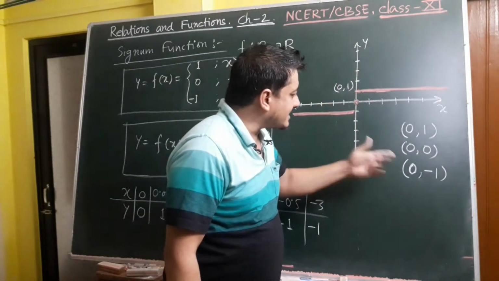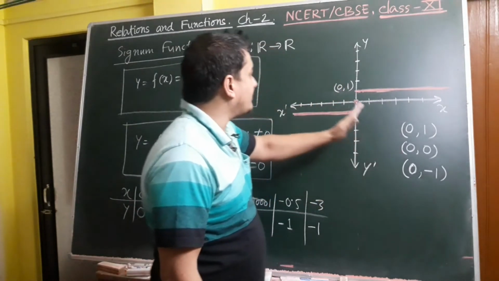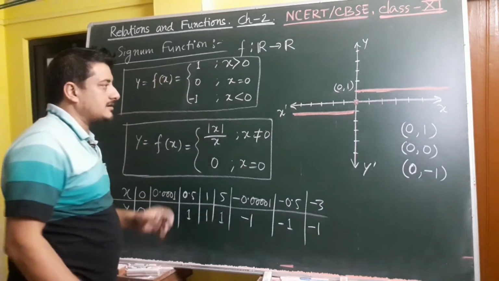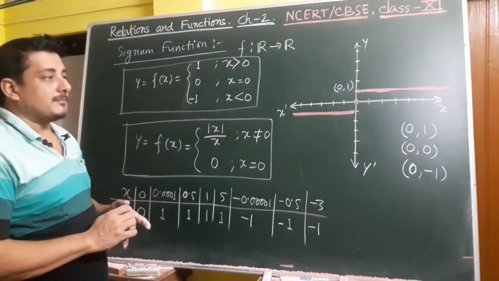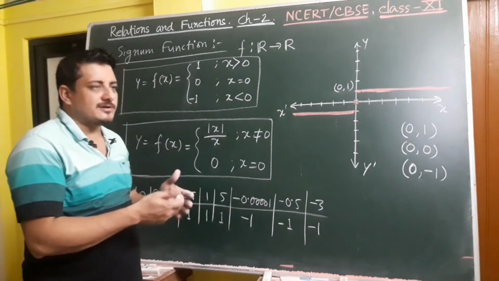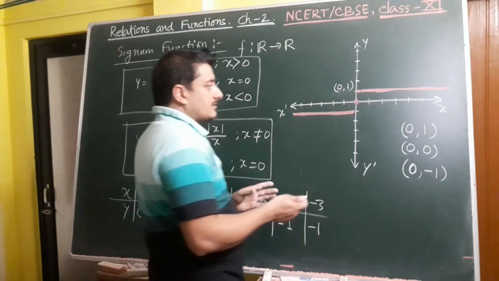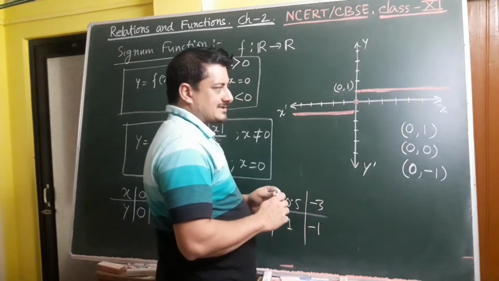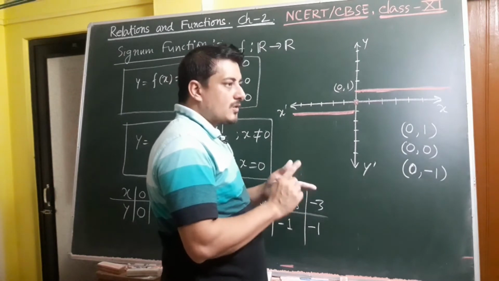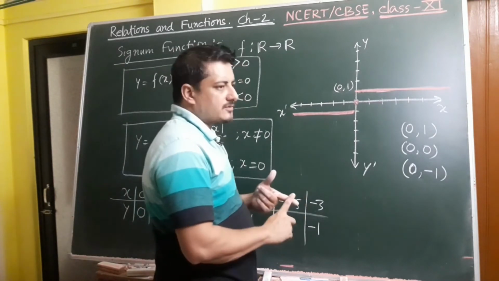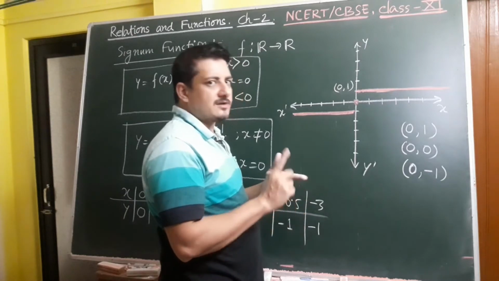Now can these 3 points be a part of the graph of this function? The answer is no. Why? Because you know from the very definition of the function, for each value of x, you will get one and only one value of y, a unique value of y.